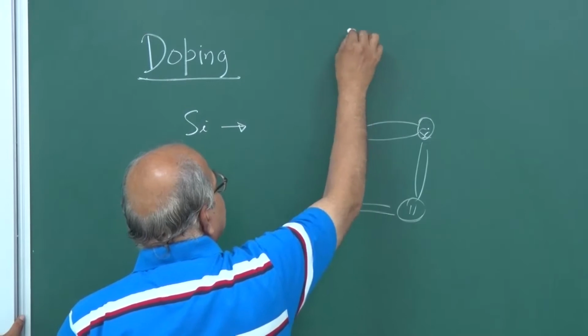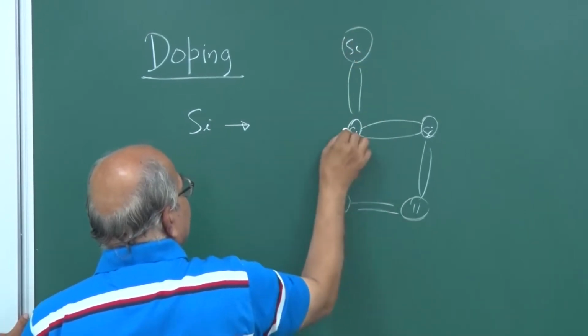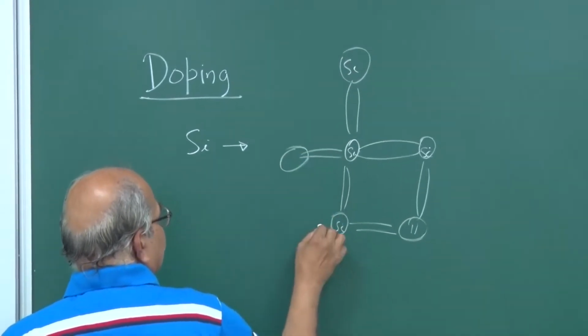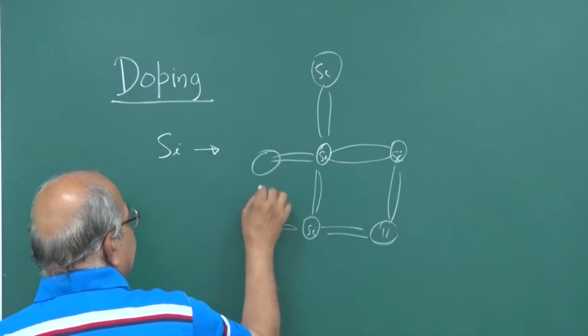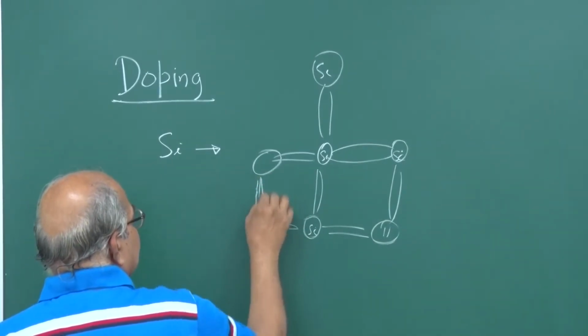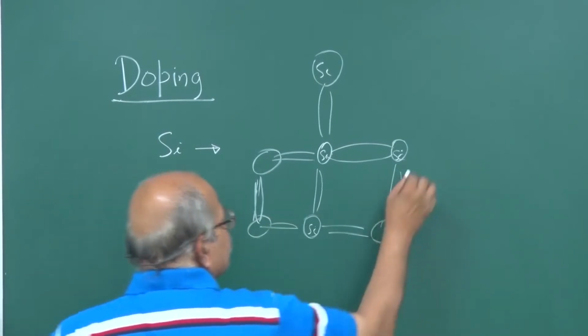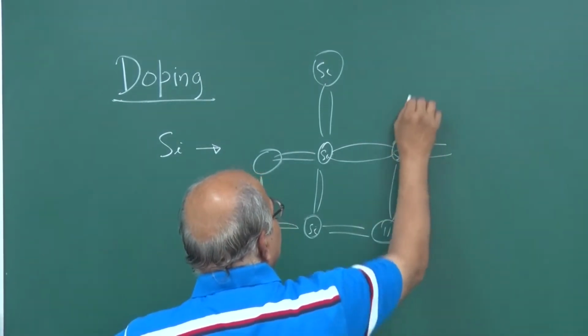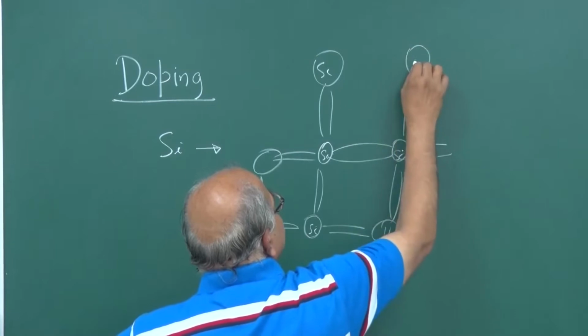So you have this kind of structure. This is a 2-dimensional representation. As I had told, the actual structure is 3-dimensional. I have shown that ball and stick model.